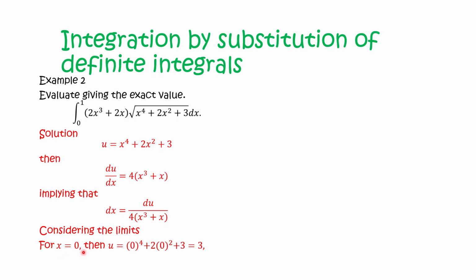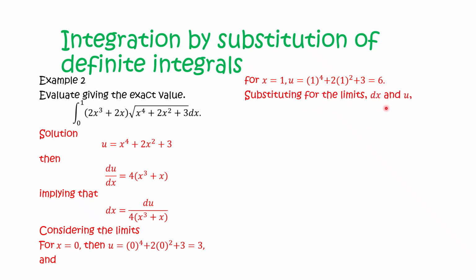For x equal to 0, u would be 0 to the power 4 plus 2 times 0 squared plus 3, which is 3 altogether. Nearly got tongue twisted there. And for x equal to 1, u becomes 1 to the power 4 plus 2 times 1 squared plus 3, which equals 6.